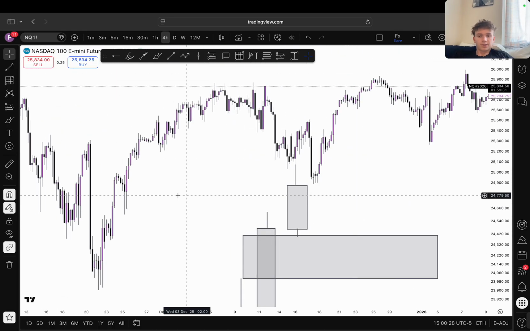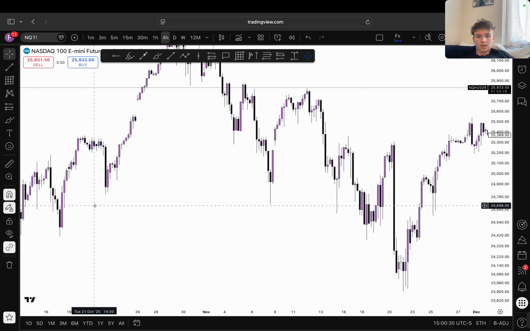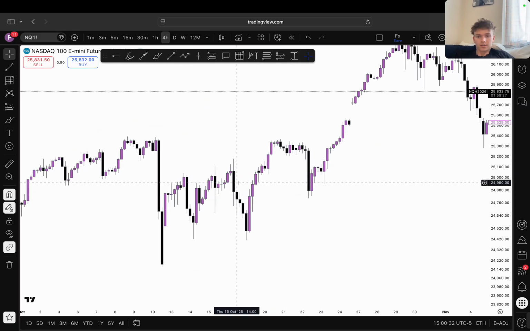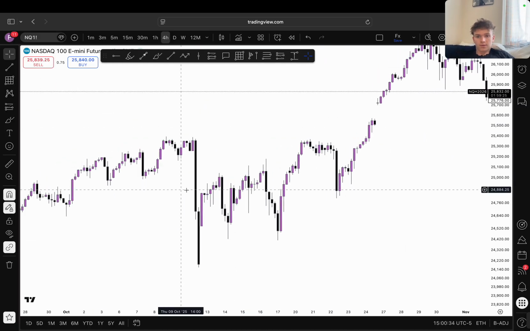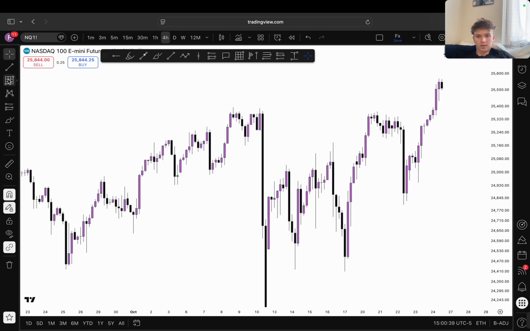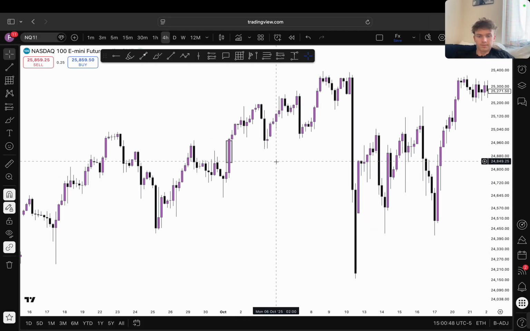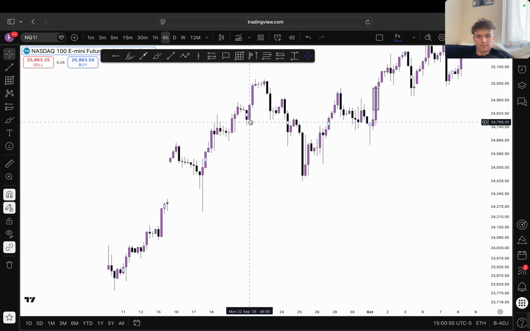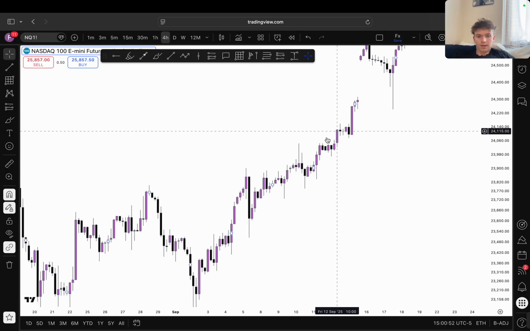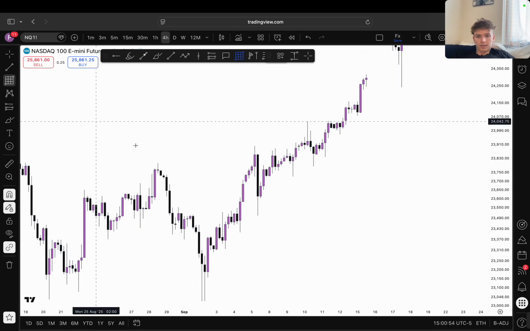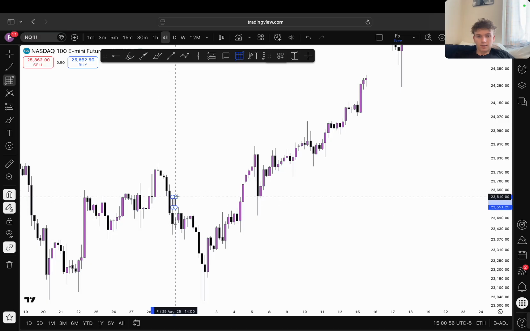So we can mark a few on the chart here. I'm just going to show you. Like here, this candle has a fair value gap. Here to here, another fair value gap.